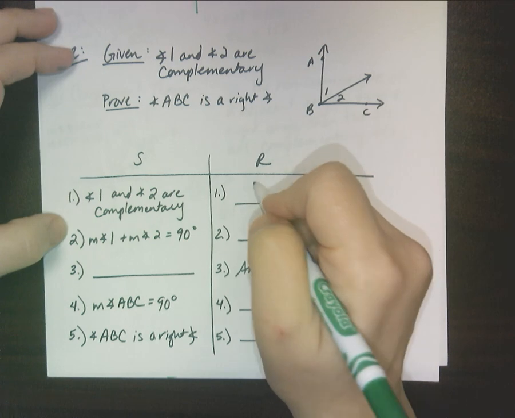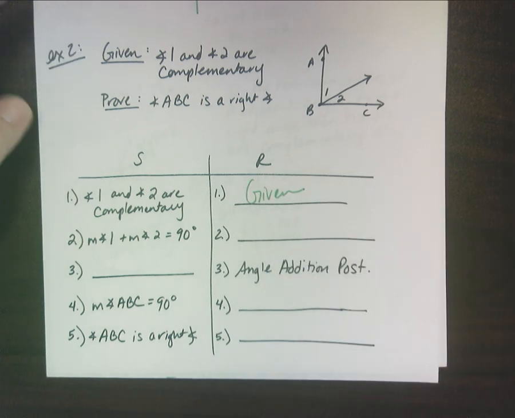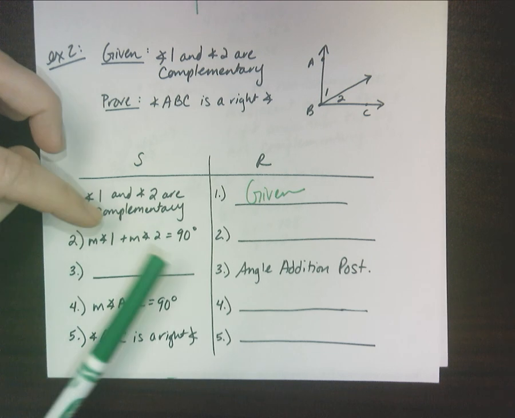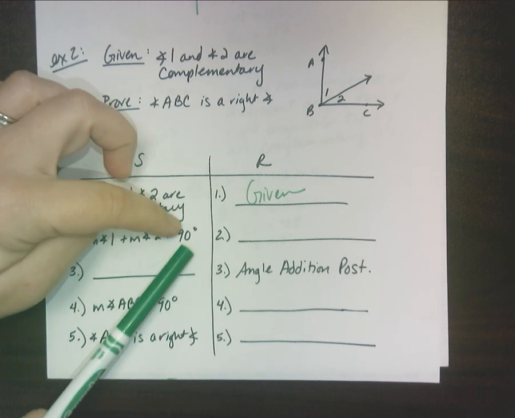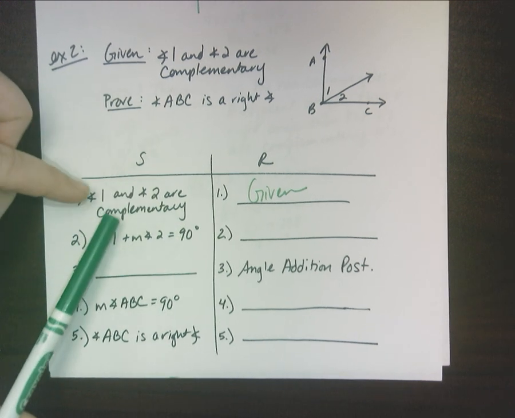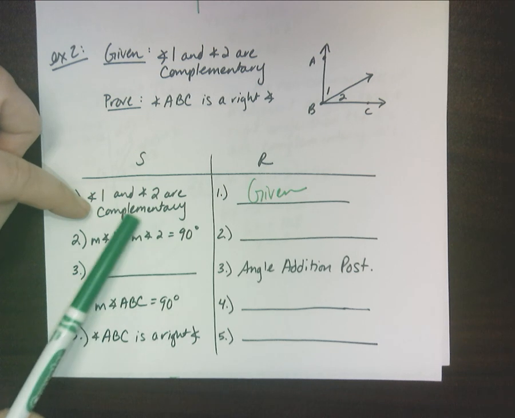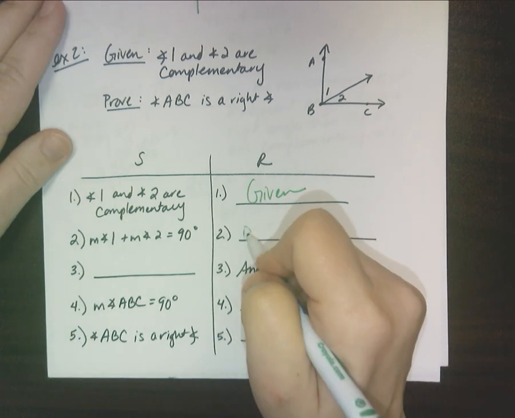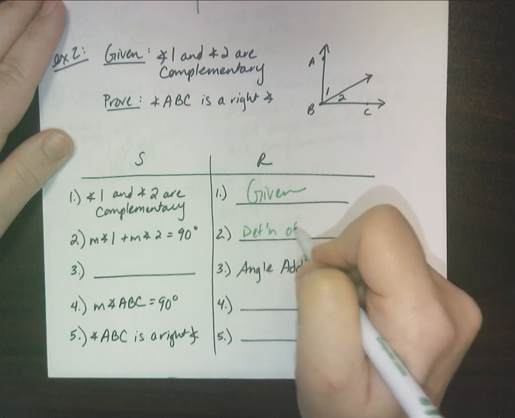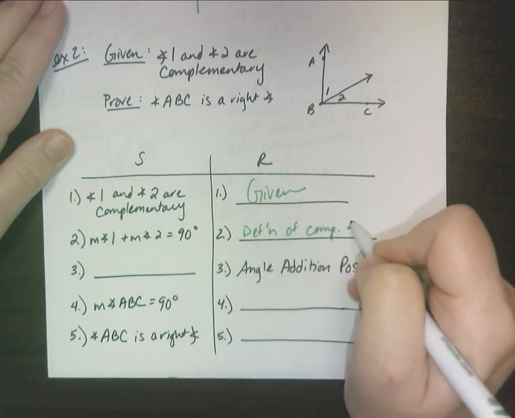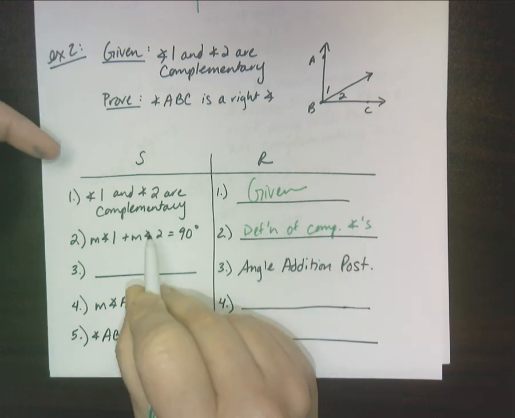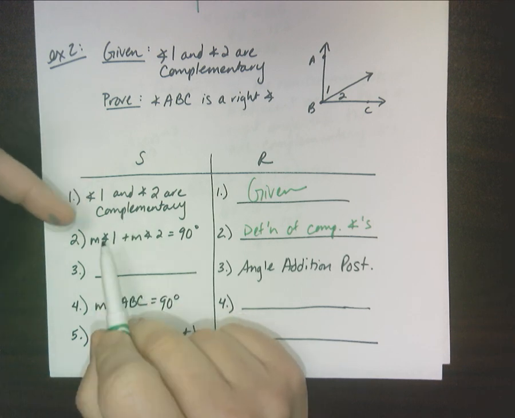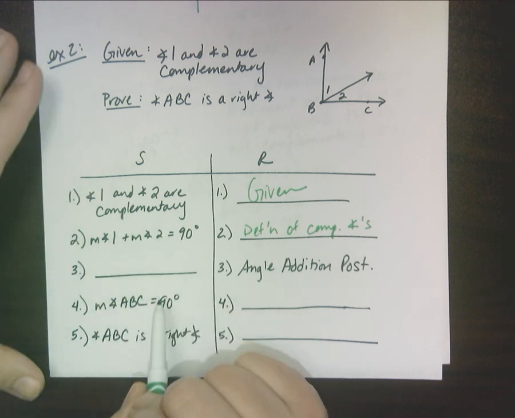So number 1 is our given. We know this, okay? All right, why am I allowed to say that angle 1 and angle 2 are equal to 90 degrees based on what was above? Definition of complementary angles. If they're complementary, then they add to 90.